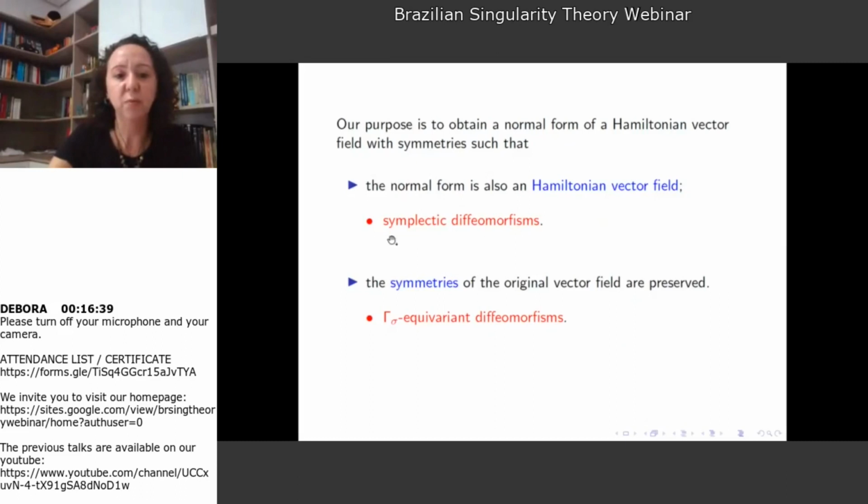If the diffeomorphism is symplectic, the normal form obtained is a Hamiltonian vector field. And when we consider Gamma-sigma equivariant diffeomorphisms, the symmetries of the original vector field are preserved. With these two conditions, under the change of coordinates, we have preserved what we want to preserve: the Hamiltonian and symmetry conditions.